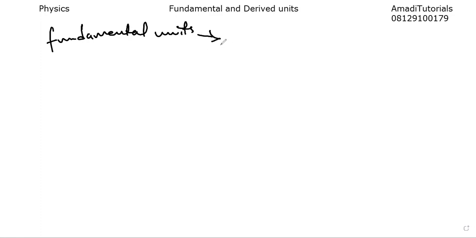Fundamental units, in my previous introduction, I talked about physics being all about the fact that you should be able to measure, because if you can't measure anything, then you can't control that thing.